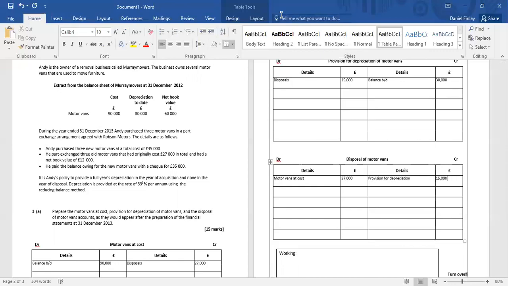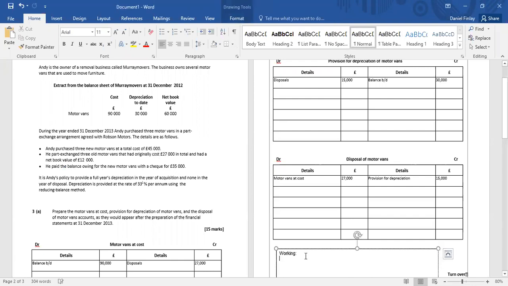So we need to work out how much he got for those vans. So we look at the third bullet point. It says he paid the balance on the new motor vehicles with a check of 35,000. So that means he got £10,000 from it.